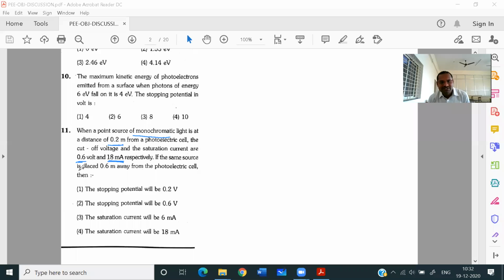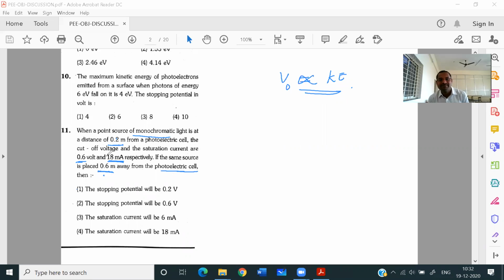If the same source is placed 0.6 meter away, meaning the distance is increased from 0.2 to 0.6, then what happens to the stopping potential? They are asking. See, stopping potential depends on kinetic energy only. It does not depend upon the distance.